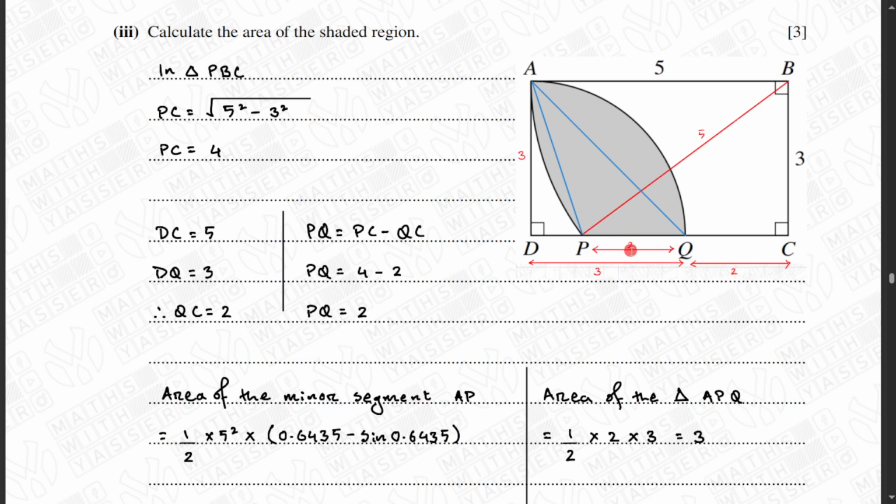Therefore, PQ must be PC minus QC. We found that PC is 4 and QC is 2. Therefore, PQ is also 2.